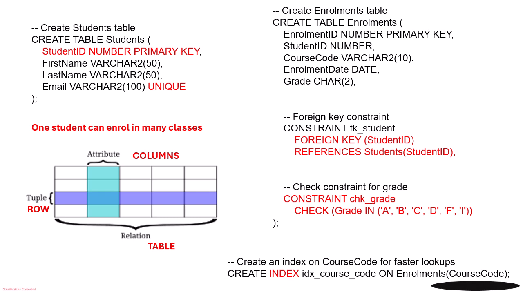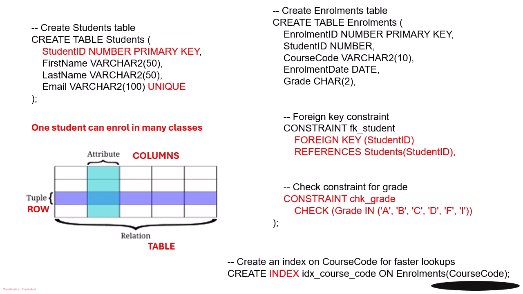And then you have email address, which we have defined as unique. That means no two students can have the same email address. But that can be null. So someone who has not provided the email address, null is allowed there.